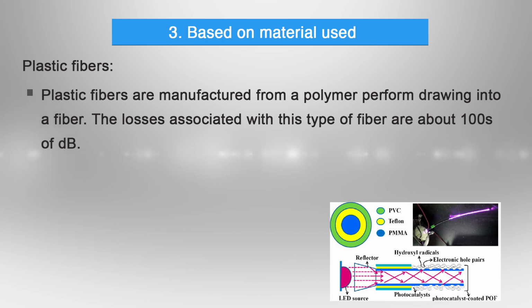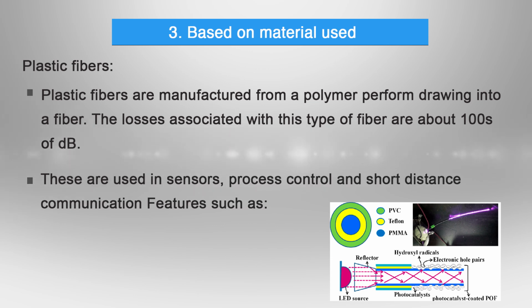The losses associated with this type of fiber are about hundreds of dB. They operate at low temperature, approximately 125 degrees Celsius, while glass fibers can be used up to 1000 degrees Celsius. These are used in sensors, process control and short distance communication.